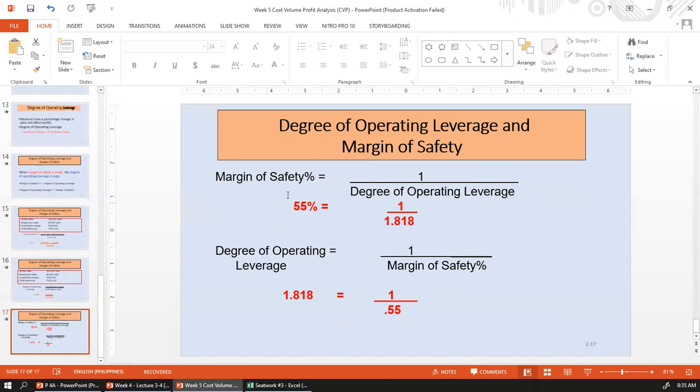So margin of safety is equal to 1 divided by degree of operating leverage. So 1 divided by the degree of operating leverage of 1.818 will give you 55%. Under degree of operating leverage, 1 divided by your margin of safety of 0.55 will give you a degree of operating leverage of 1.818. That's all, and thank you.